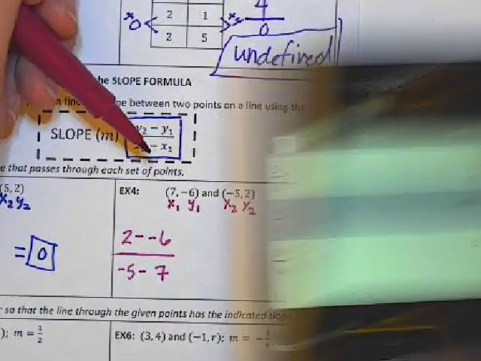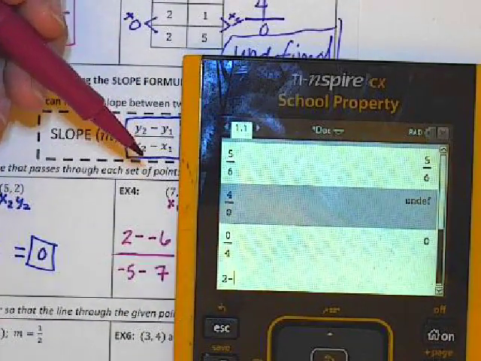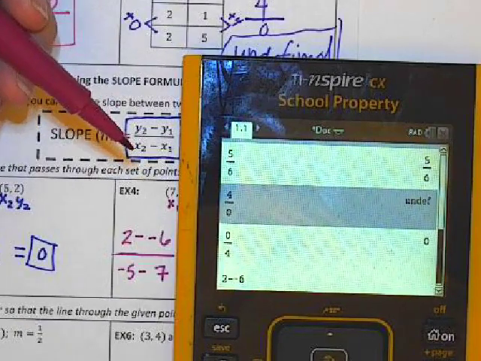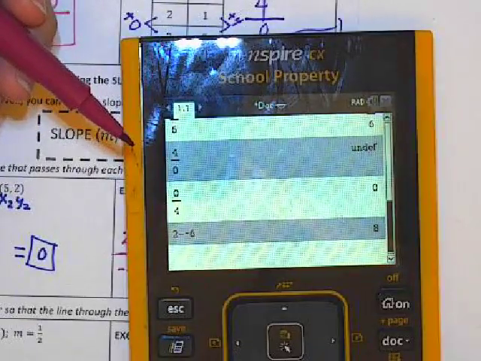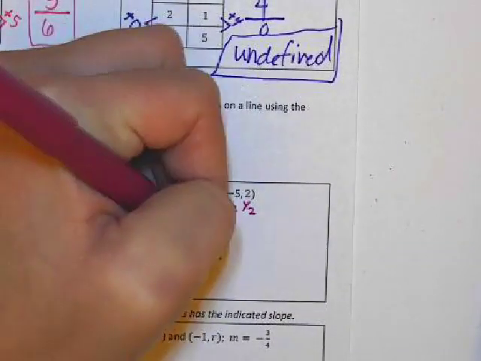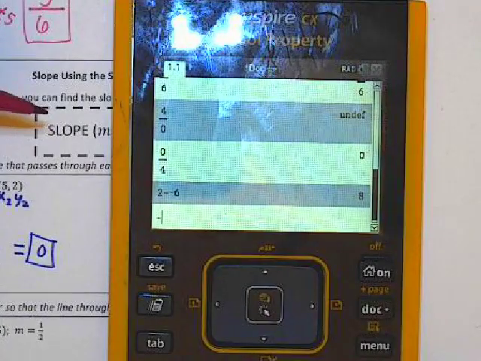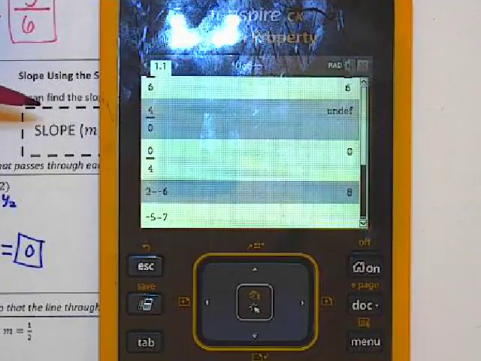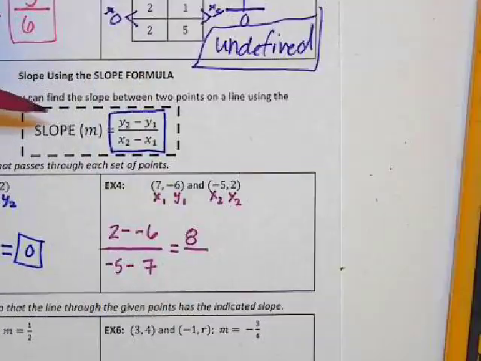So if I put that in my calculator, I do 2 minus negative 6, and I get 8, over negative 5 minus 7 gives me negative 12.